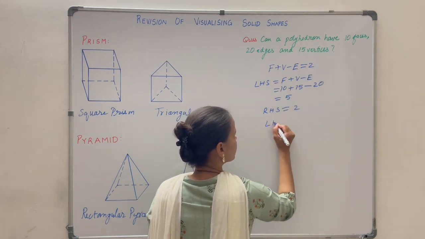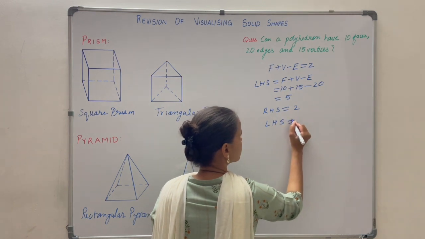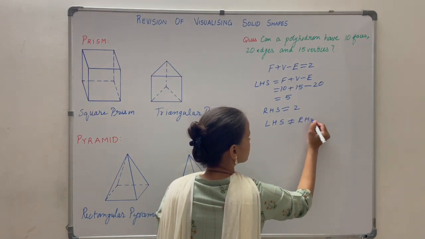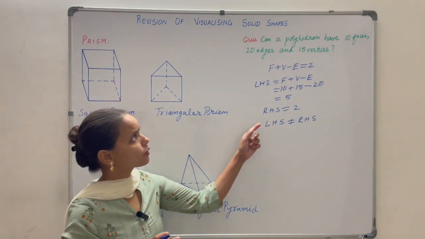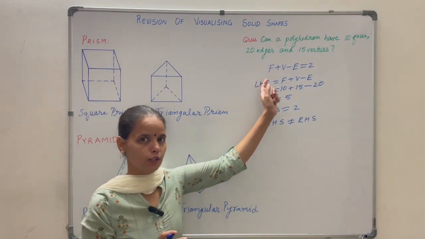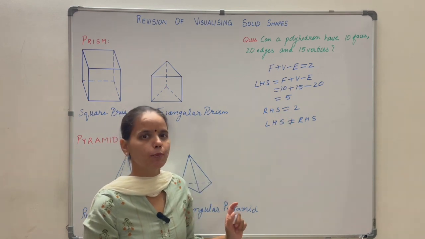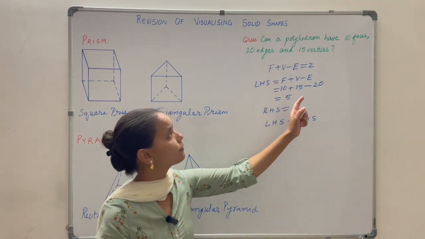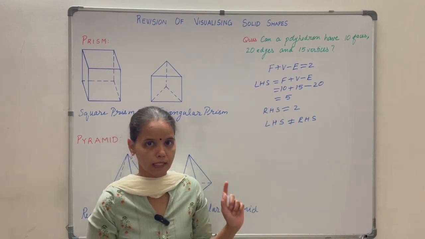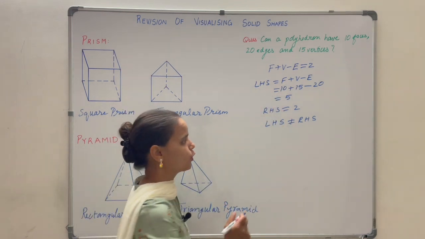So the left hand side is not equal to the right hand side. This means that Euler's formula does not hold true. So this solid shape is not a polyhedron. So the question asked here is, can a polyhedron have 10 faces, 20 edges and 15 vertices? The answer is no.